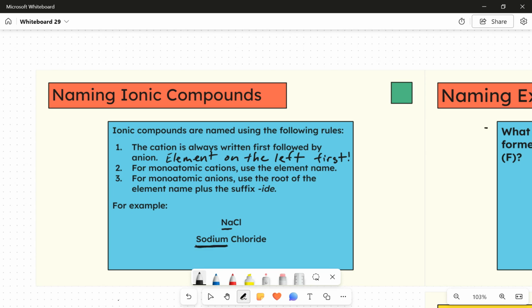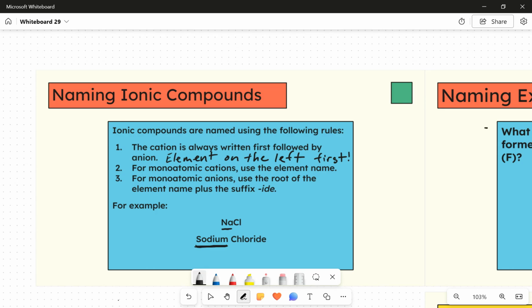Last rule, for monoatomic anions, use the root of the element name plus the suffix -ide. This is kind of the trickiest part of naming ionic compounds, because there are some rules and they mostly work, but it's kind of a vibes-based thing. It's kind of a feel as far as what feels right.